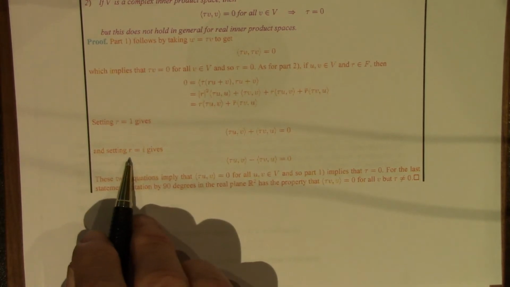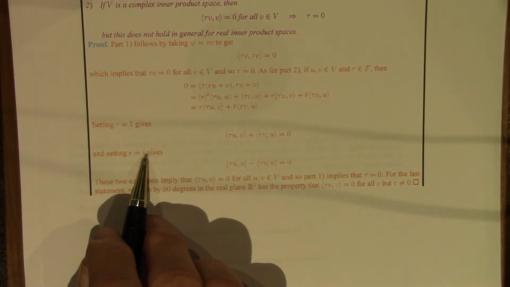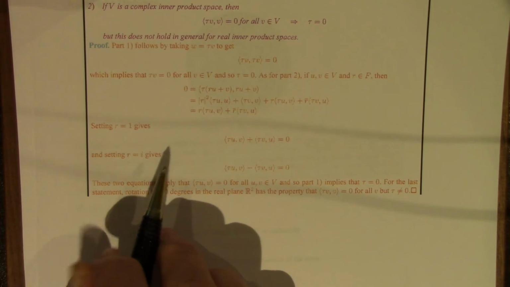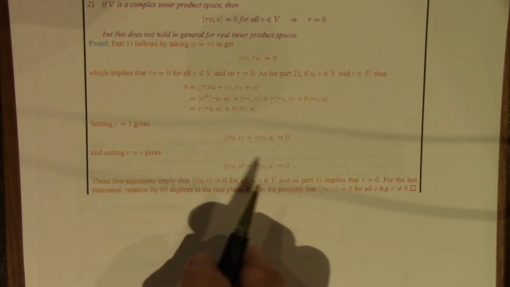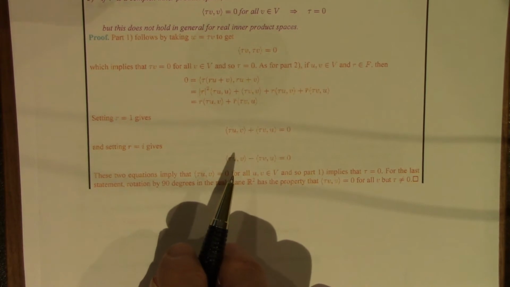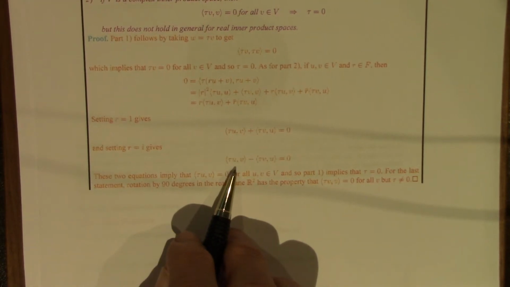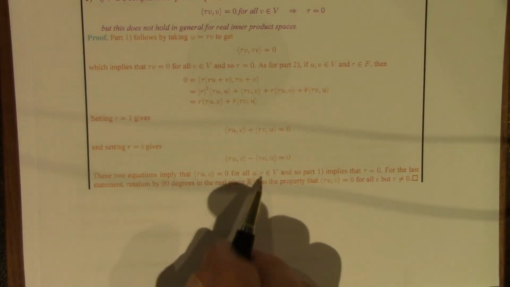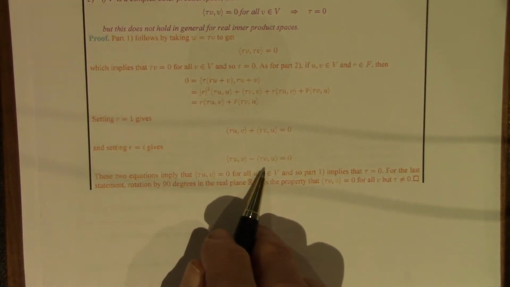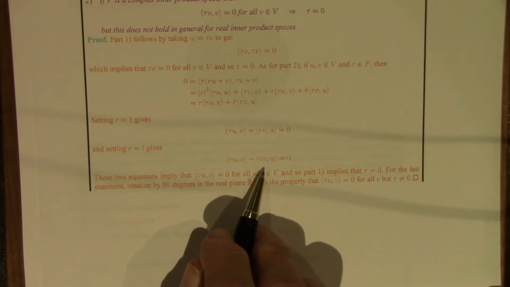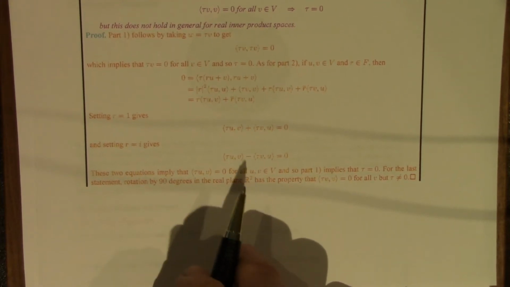Of course, since we set r equal to i, we need the underlying field to be the complex field, which is why this works. As to what happens in a real inner product space, it's conceivable that the result could still be true, but this proof doesn't work. Some other proof would be necessary, but that won't happen.